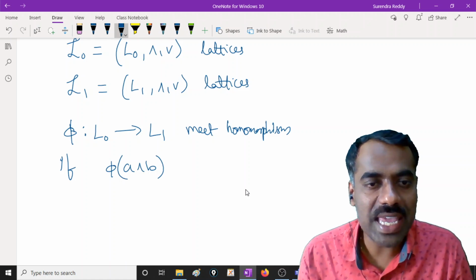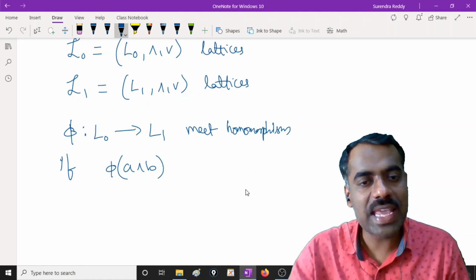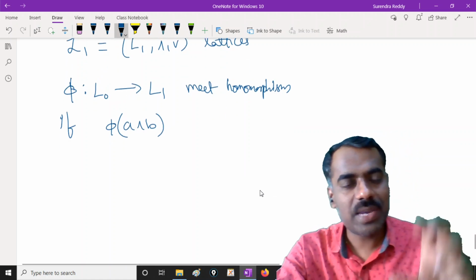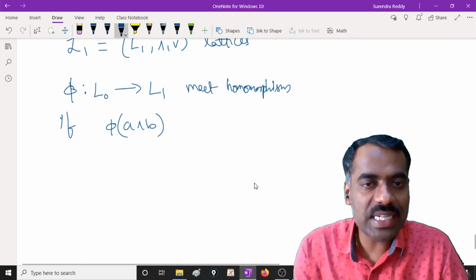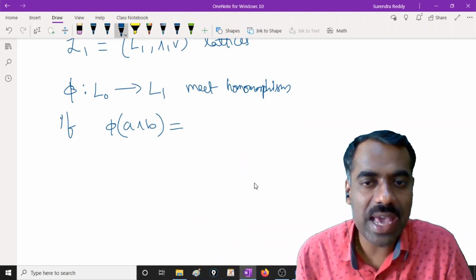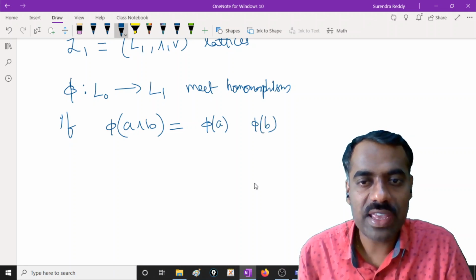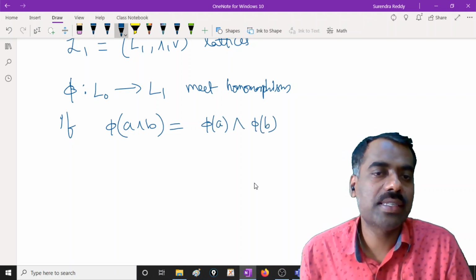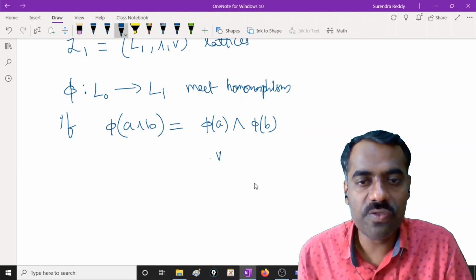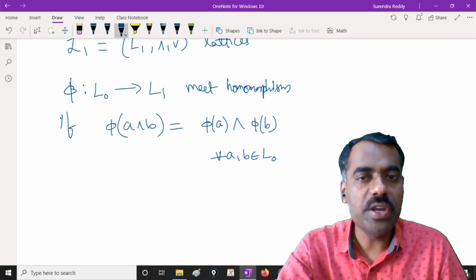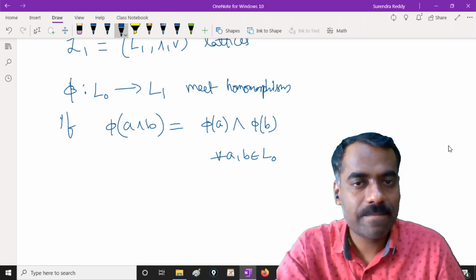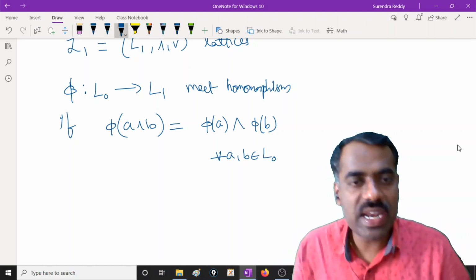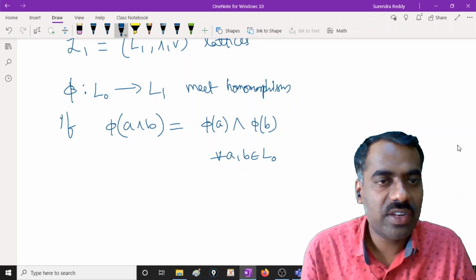That means I am taking A and B in L0, considering the meet of A and B, and looking at its image. That should be the same as individually taking phi of A and phi of B and then taking their meet. If it is true for all A, B in L0, then we say it is a meet homomorphism. Is this clear? Similarly, you can define another definition.